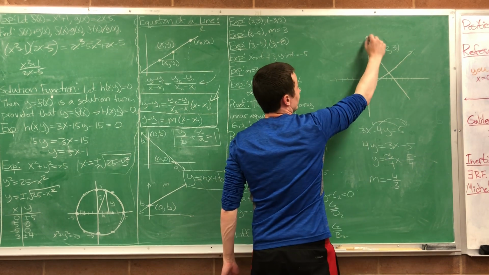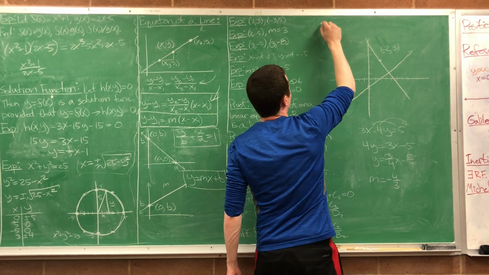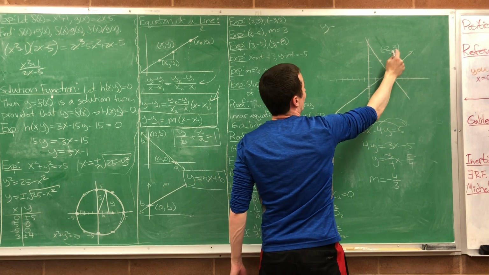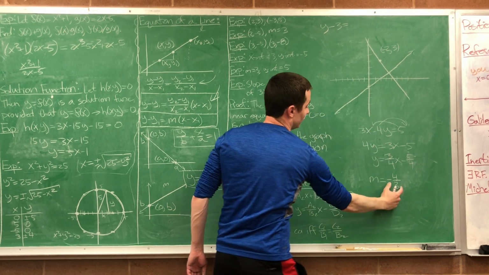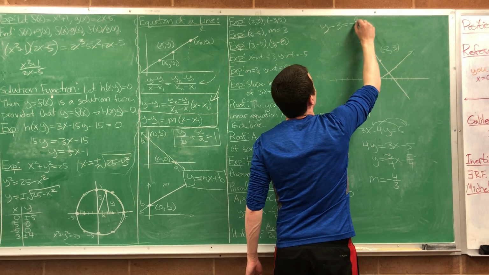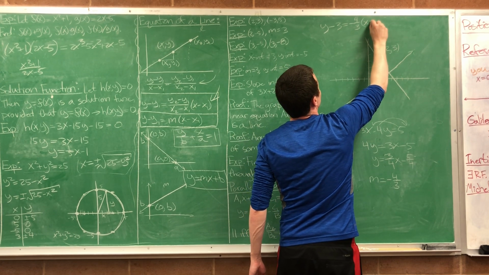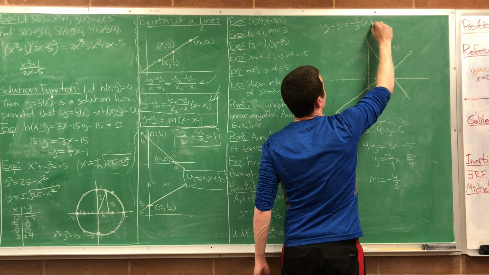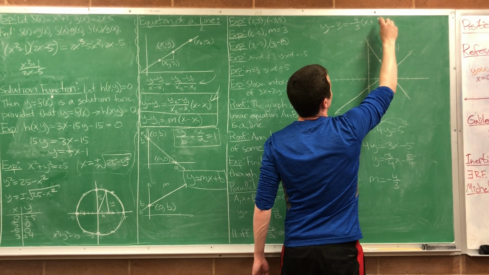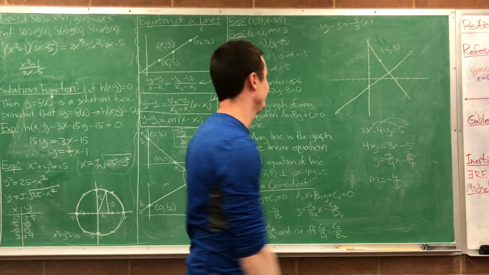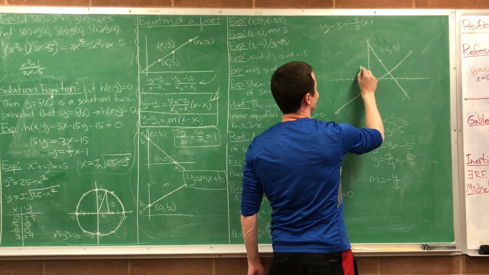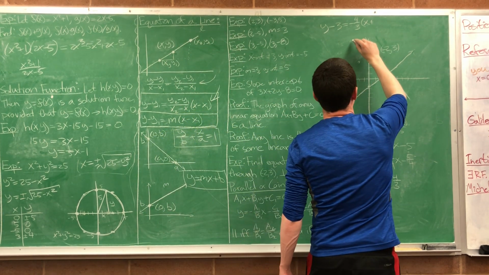So the equation of this line right here is going to be given by y minus y1 equals m, -4/3, times x minus x1. What did I do? (-2, 3) is over here. -2, 1, 2, 3. So we were talking about this line.